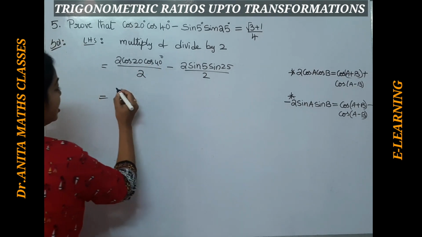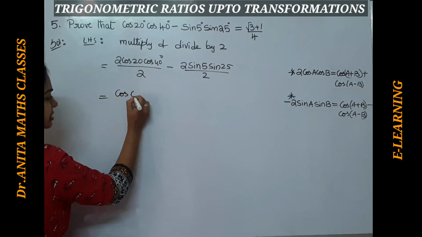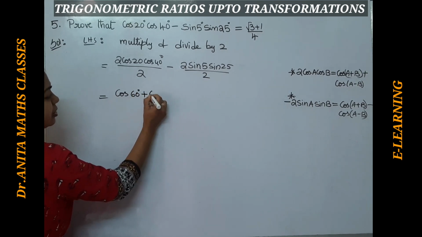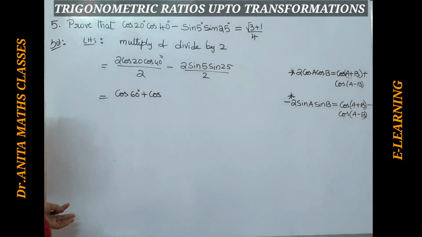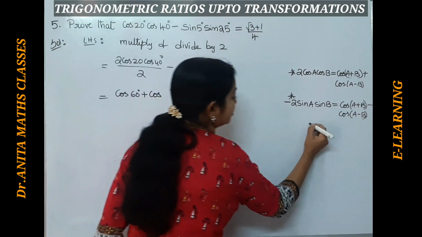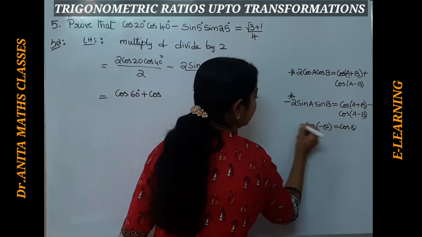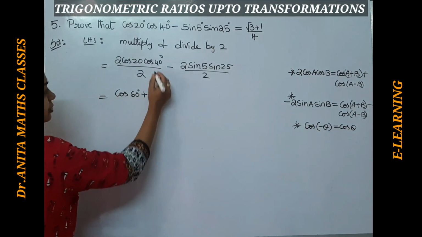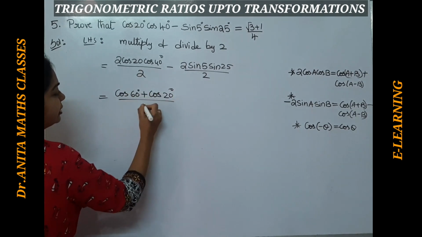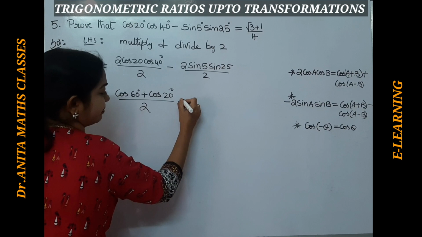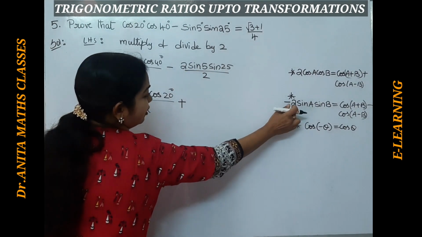So this becomes cos of A plus B, 20 plus 40, 60, plus cos of A minus B, 20 minus 40 is minus 20. We all know that cos of minus theta equals cos theta only, so this is cos 20. But here, again, by 2 minus. Let us take plus here and minus to this formula.